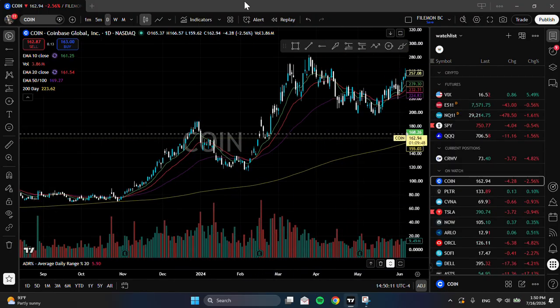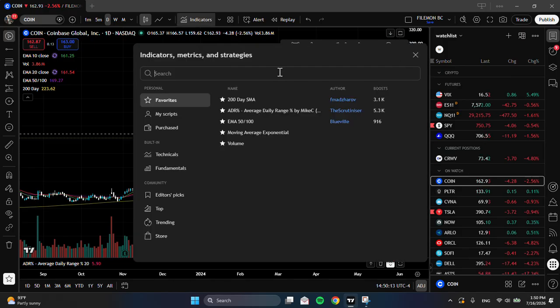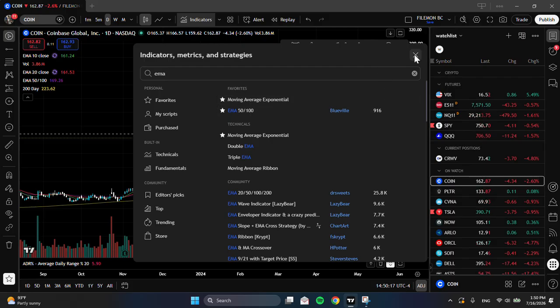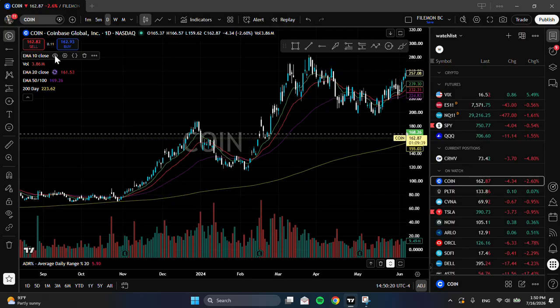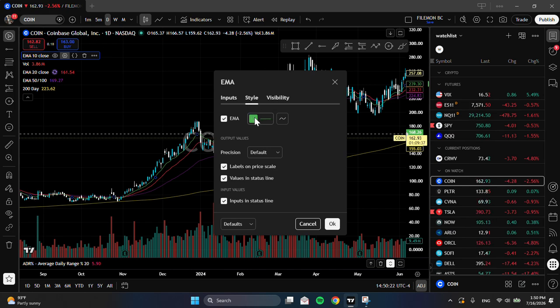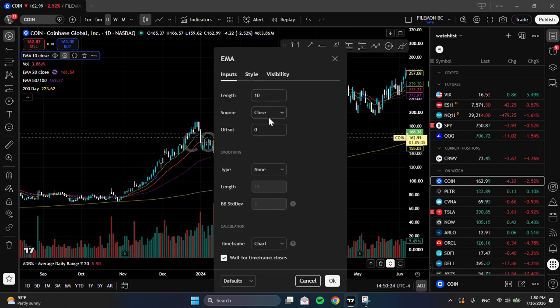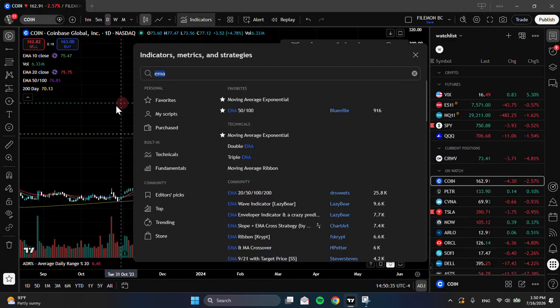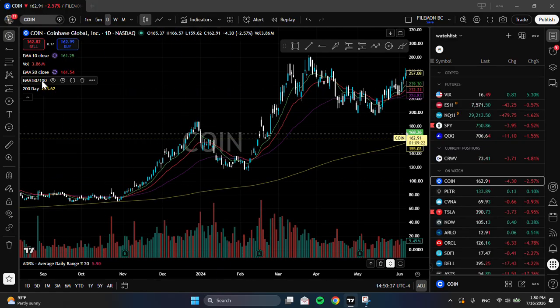So how do you get these EMAs? You go to indicators and just put EMA. That simple. Once it pops up here, you go to the style and change the color if it's a different color. In the input, for the length, you just put 10. Then you do another one: type in EMA again, put the length for 20 and change the color. For the 50, you just put 50 EMA and it'll pop up, and you can change the color.